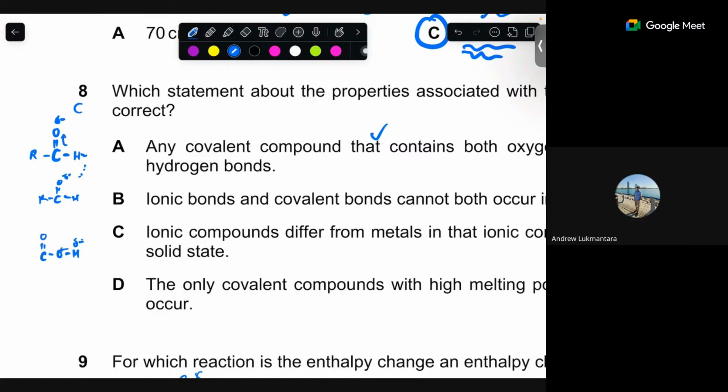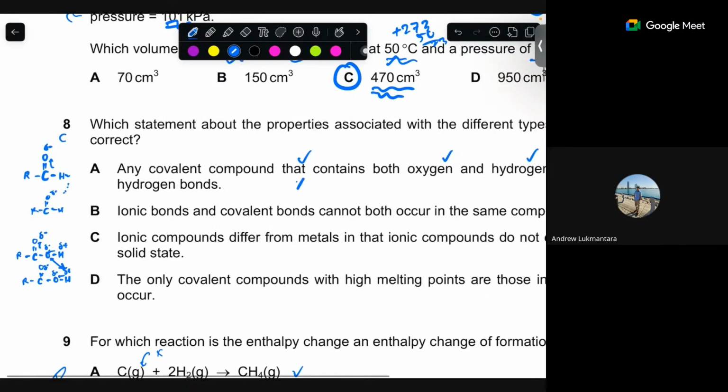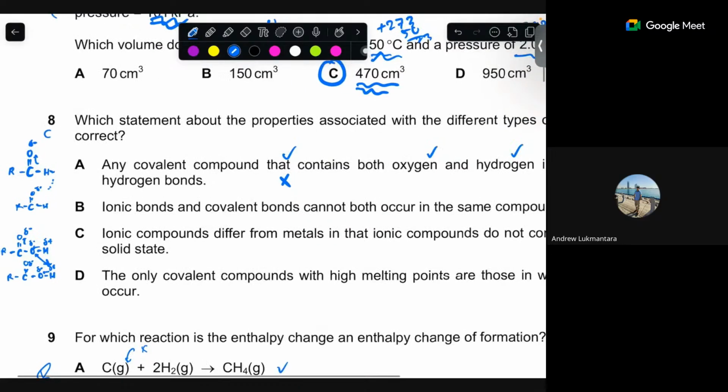This H is delta positive, and there can be delta negative here and also here. So if I have a carboxylic acid, delta positive and delta negative can form hydrogen bonding, but not all can form hydrogen bonding. Therefore, that statement is incorrect.